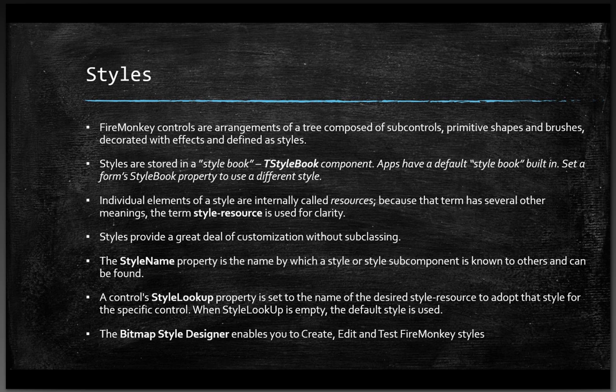And the style book contains the definition of all of those, so you can use them. And you can also use the style book component, if you put one on your application, to load a custom style. Every application you build, by default, when you use the file new template or new project, already contains a default style book for each of the platforms.